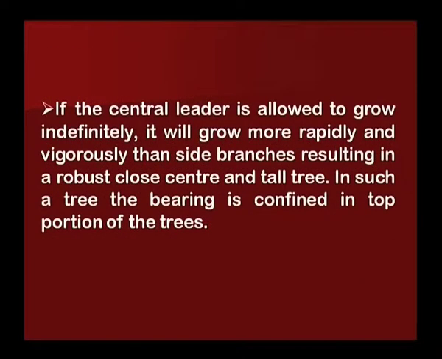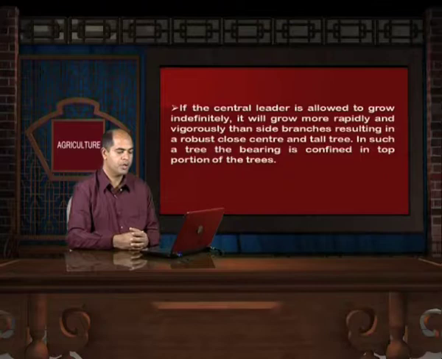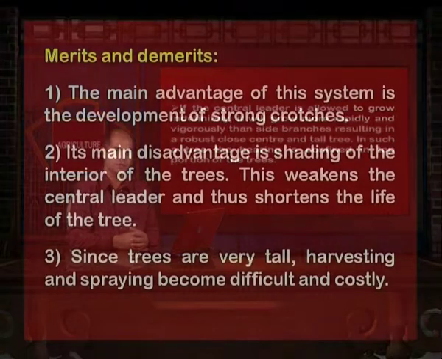If the central leader is allowed to grow indefinitely, it will grow more rapidly and vigorously than side branches, resulting in a robust closed center and tall tree. In such a tree, the bearing is confined to the top portion of the tree.